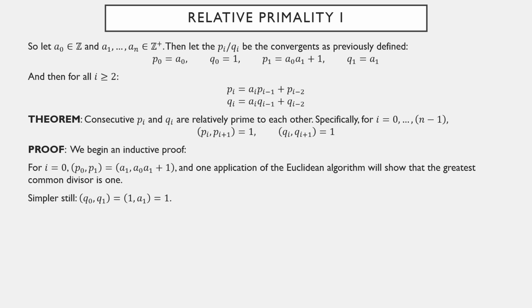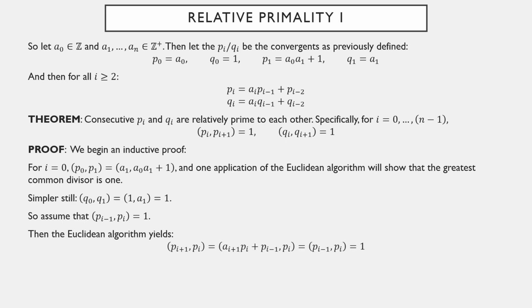When i is 0, P0 and P1 are relatively prime, Q0 and Q1 are relatively prime. So let's assume that 2 consecutive numerators are relatively prime. Then the Euclidean algorithm yields that pi plus 1 is simply ai plus 1 times pi plus pi minus 1. And we're taking the GCD of that with pi.